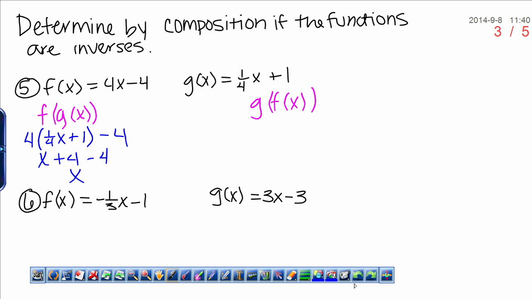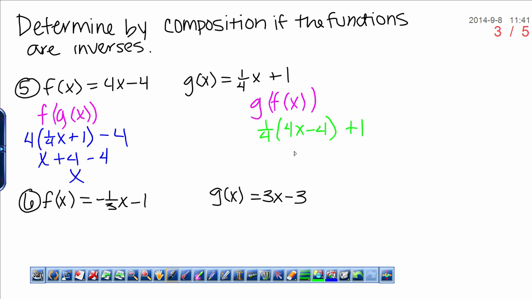All right, let's try it the other way. g of f of x. What do I write here? 1/4 times 4x minus 4, plus 1. Good.